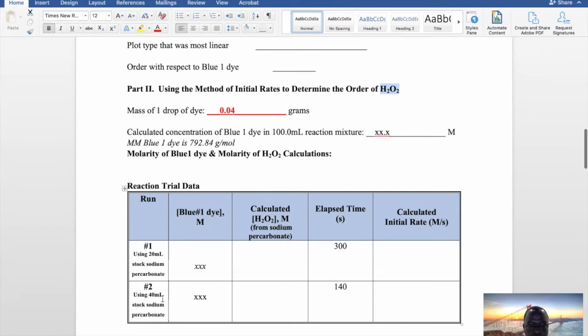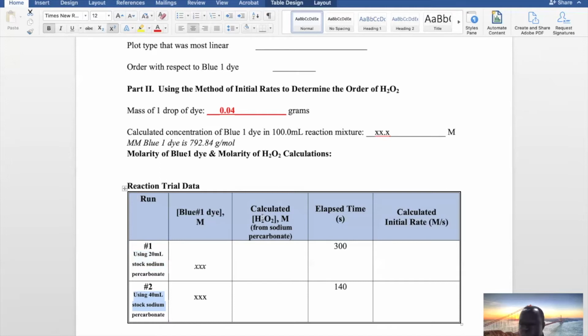In part 1, please read the direction in the handout. It talks about using different volumes of the stock solution. In run 1, we're using 20 ml of stock solution. In run 2, we're using 40 ml of stock solution, and we know the concentration of peroxide in the stock solution from the preparation of stock solution. You should have that by now.